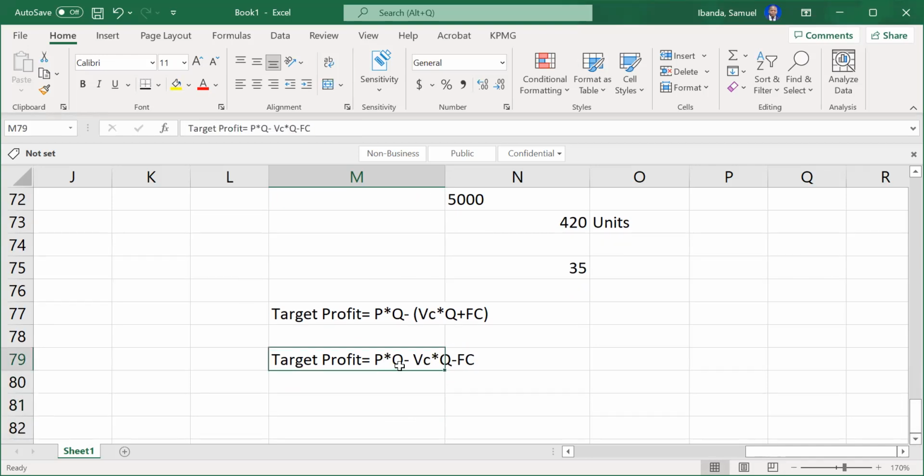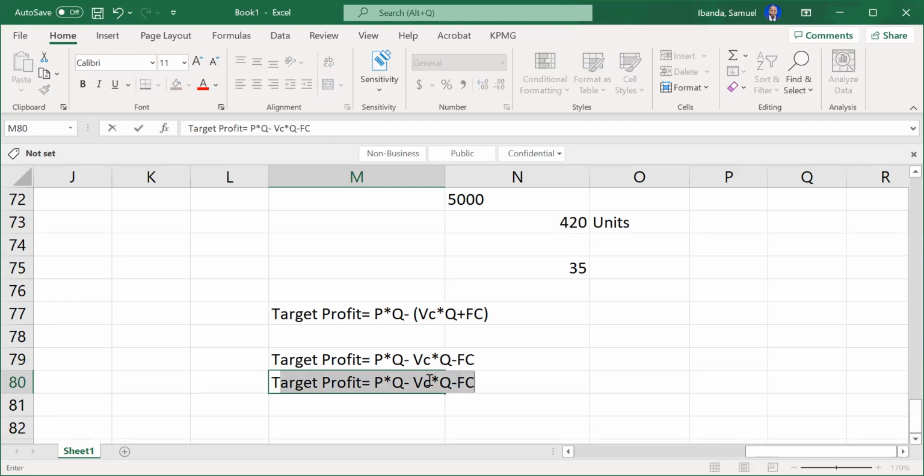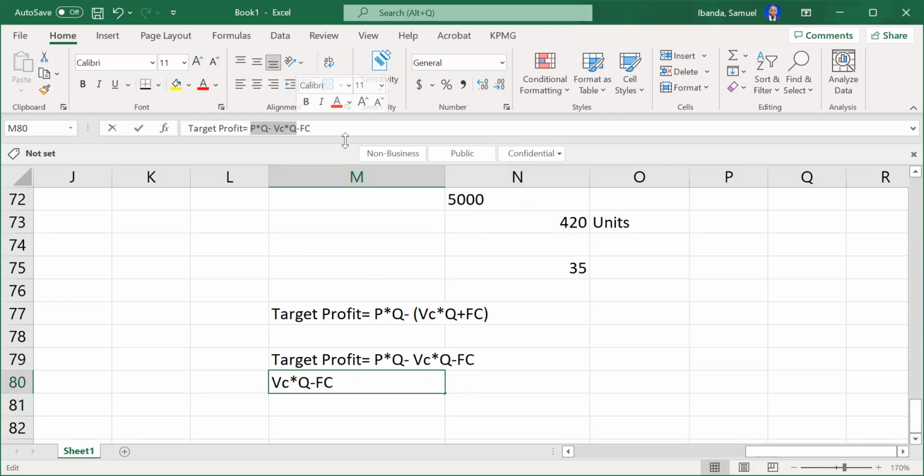So this P times Q minus VC times Q is contribution. So this formula can actually change like this, where there is P times Q minus VC times Q, this can actually be called target contribution.